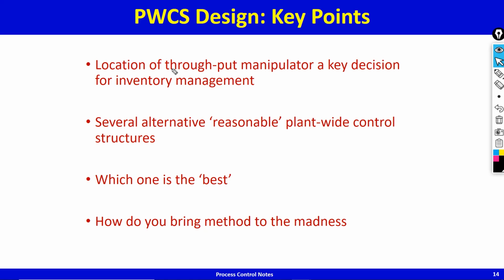Which one is the best? How do you bring method to the madness? So the madness is because of two reasons. One, what to control, and two, once you decided what to control, what to manipulate. And what to manipulate is largely governed by where you are setting production. Okay, so that's the madness that we're talking about.